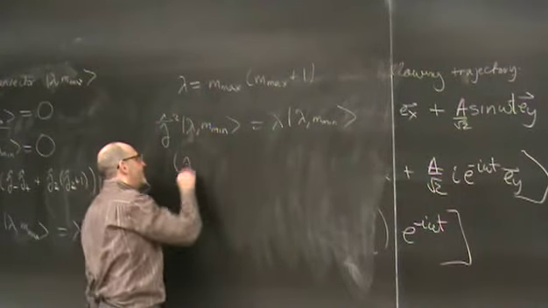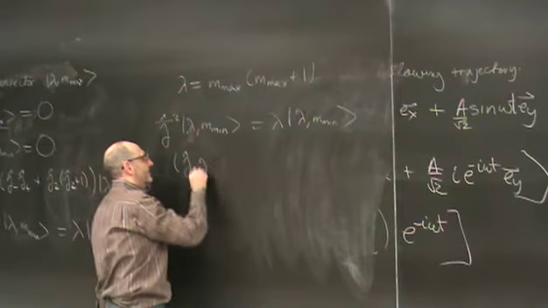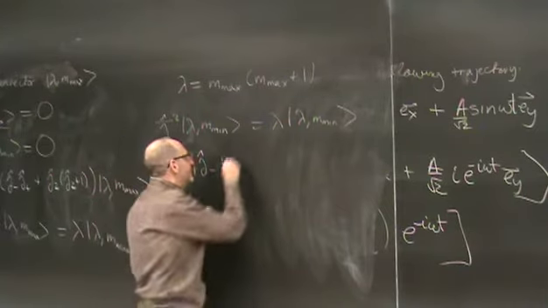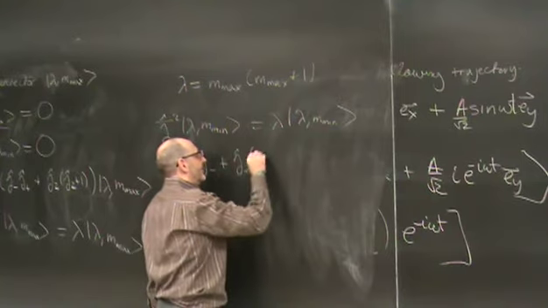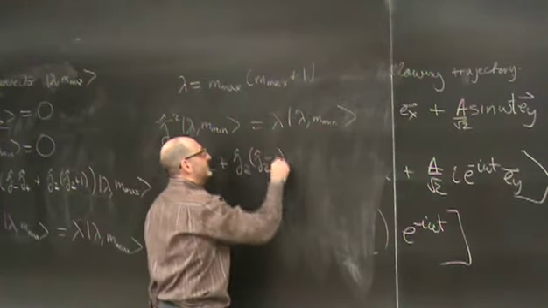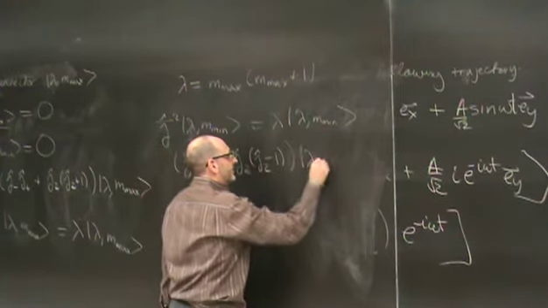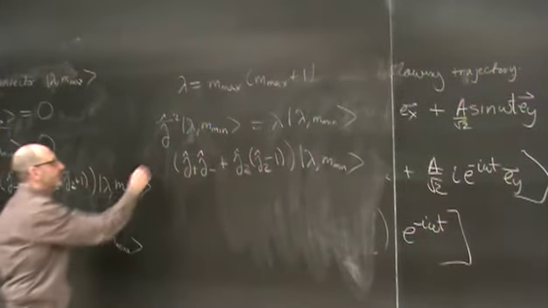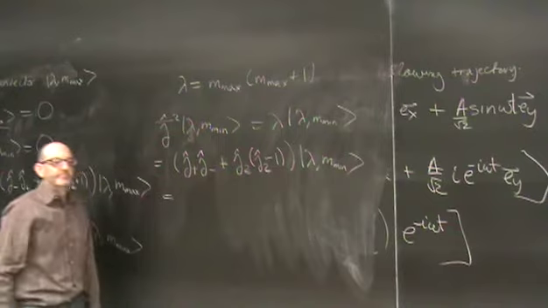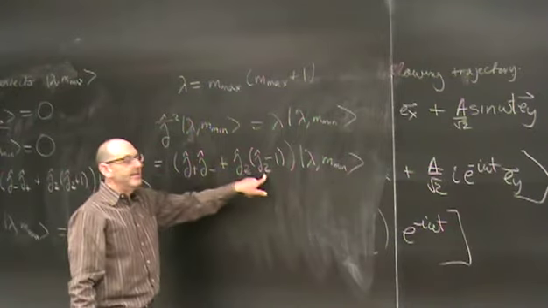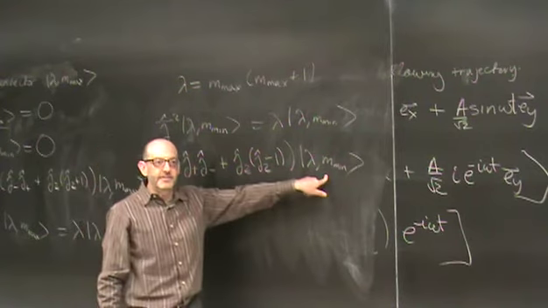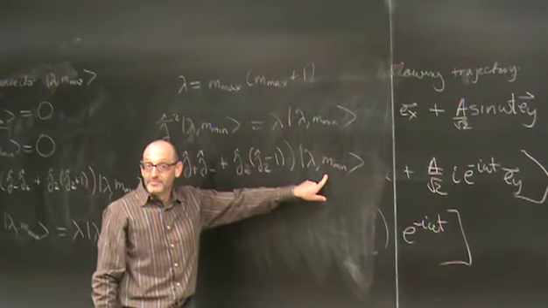J plus times J minus plus JZ times JZ minus 1 acting on this state. Right? And what is that? Well, this is m min times m min minus 1, and once again, when this hits this, it annihilates it.